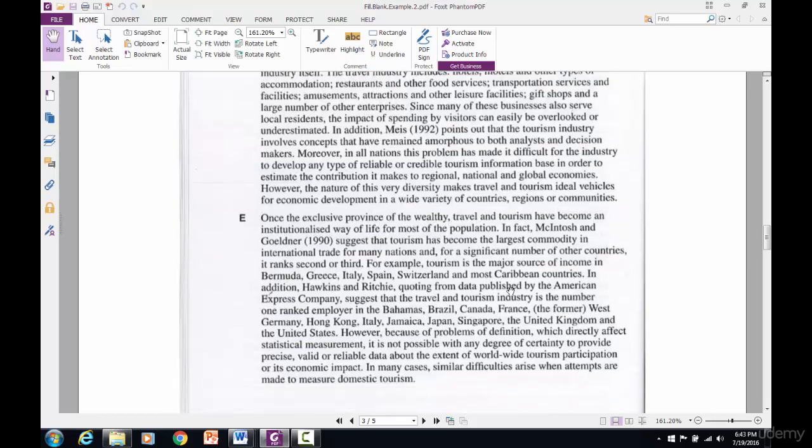So after that we're looking for a sentence with Jamaica, and there we have it right there. In addition, Hawkins and Ritchie, quoting from data published by the American Express Company, suggest that travel and tourism is the number one ranked employer in the Bahamas, Brazil, Canada, France, West Germany, Hong Kong, Italy, Jamaica, Japan, and other countries.